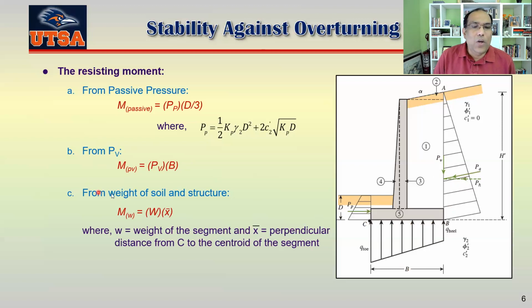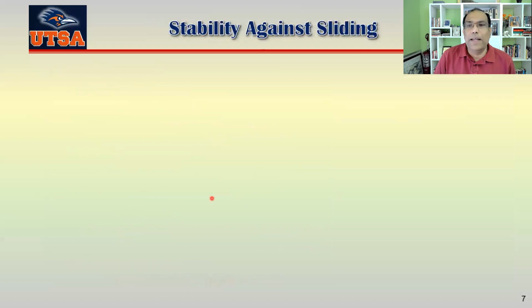And then the weight of soil and structure, for each of the structure, the total weight multiplied by the centroid of the total weight, that's basically your moment coming from the weight. Now let's see. As I said, this is your resisting moment. When you plug all those values in your equation, you can find out your factor of safety.